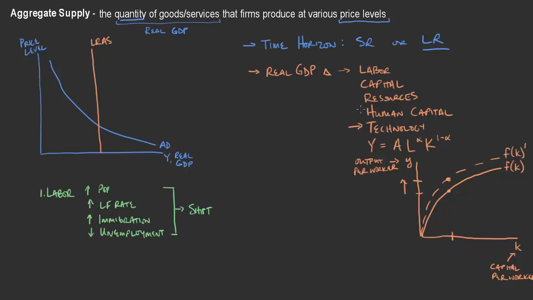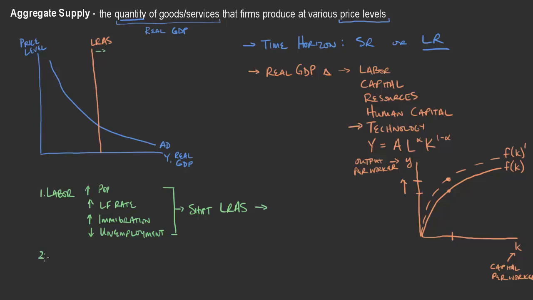You have to remember, we'd have some sort of steady state real GDP based off of our capital stock and our resources that we have within the economy, the labor that we have in our economy. And then if any of these were to change in a positive way, either unemployment falls or we have increases in those who are participating in the labor force, or immigration or population changes, those are things that would shift the long run aggregate supply curve to the right. And we would see this kind of shift in the long run aggregate supply curve.